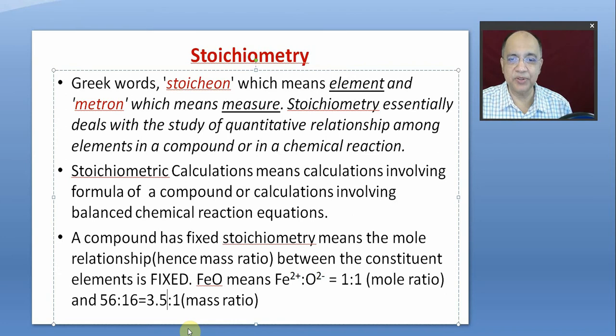At those times, the scientists were finding out the mass relationship, the mass ratio of elements present in a compound. Then the isotopic atomic masses or average atomic masses were determined. And then they were able to find the mole relationship, and hence the empirical formula.